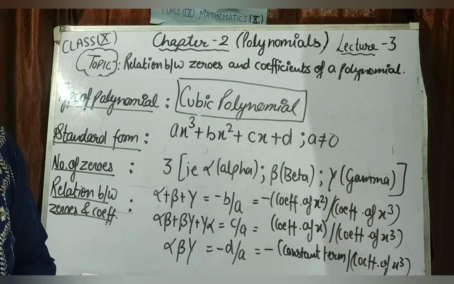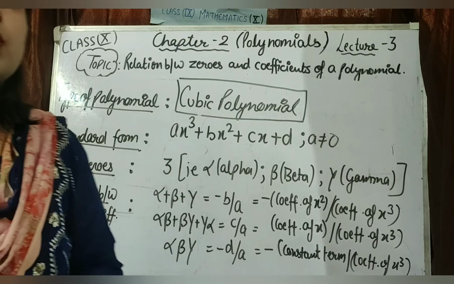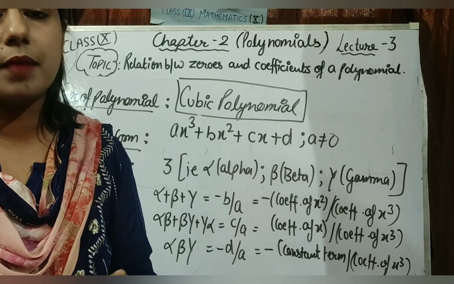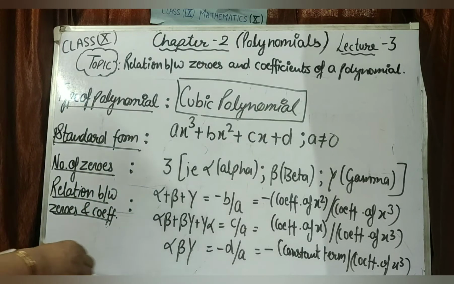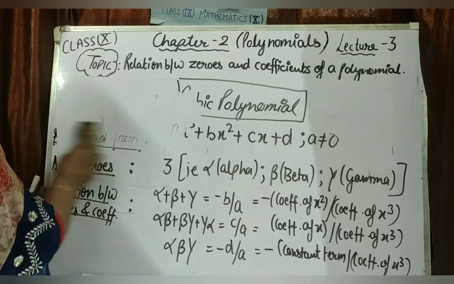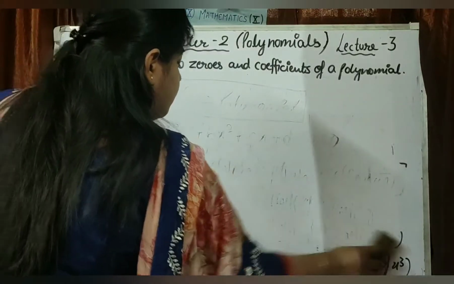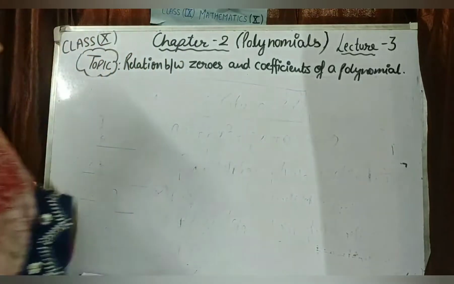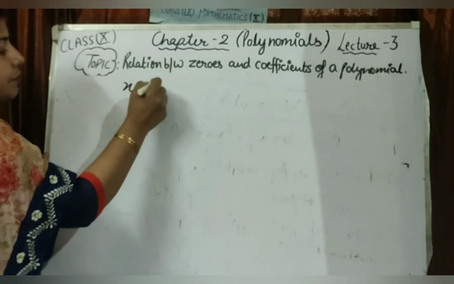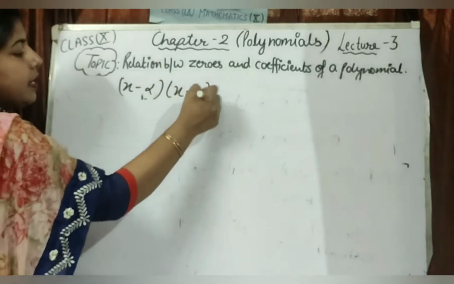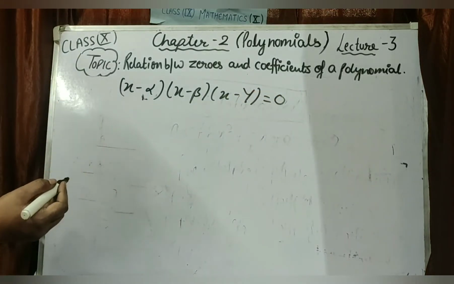Now for this also we have an equation. Suppose I need to write a cubic polynomial whose zeros are alpha, beta, and gamma. Then we can write it in this form as well. So look here. I have three zeros, alpha, beta, gamma, so (x minus alpha), (x minus beta) and (x minus gamma) equals 0 are the three factors of that particular polynomial, right?